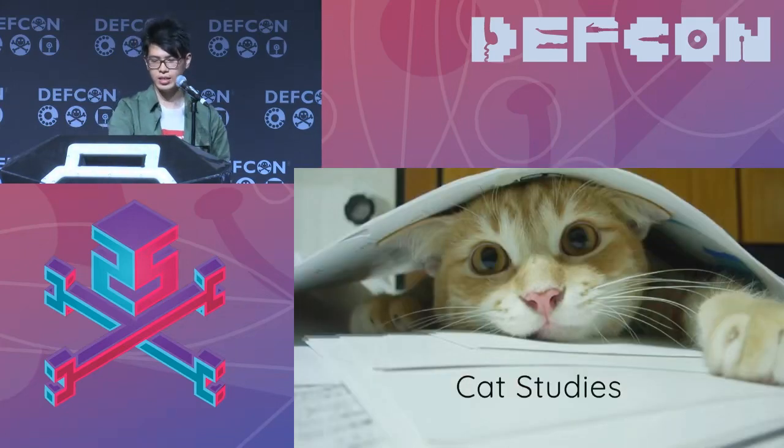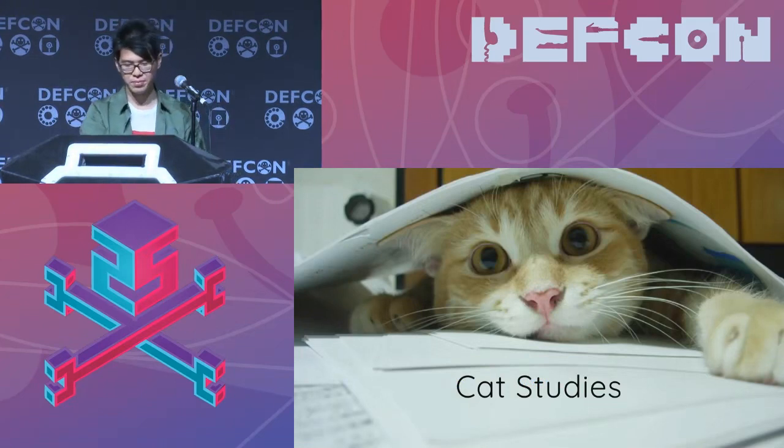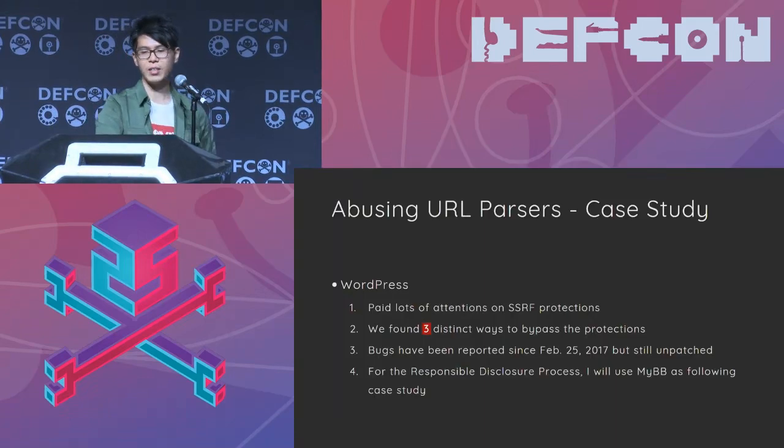Okay, case studies. This is not a typo, CAT studies. Let's study some real-world cases. WordPress is a very famous web application, and it has had a lot of attention on SSRF. But we still found three different ways to bypass the protections.